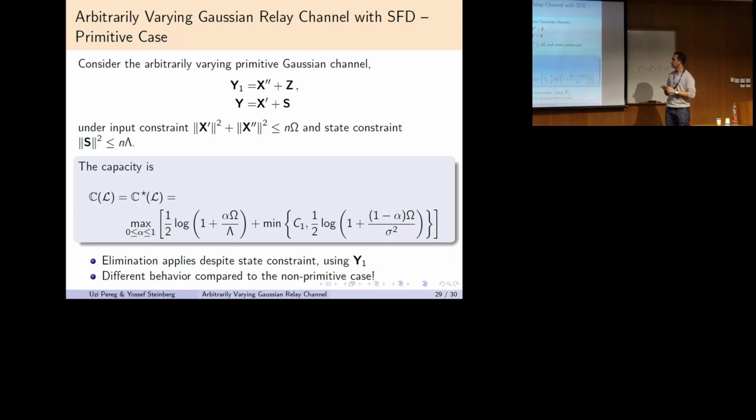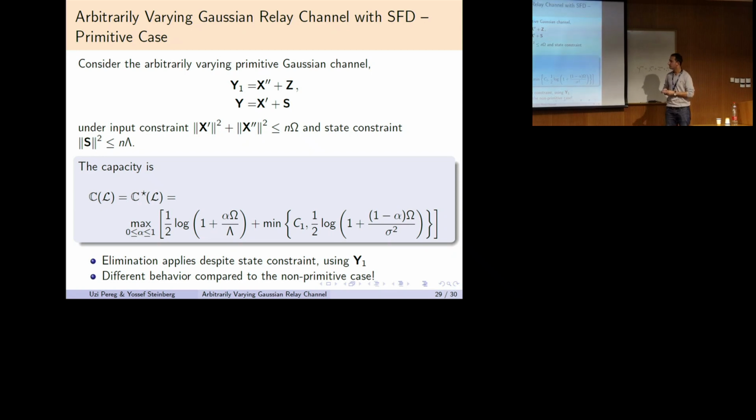There's a noiseless link now between the relay and the decoder. So we've shown that both the random code capacity and the deterministic code capacity are given by this expression. It's not very difficult to show.